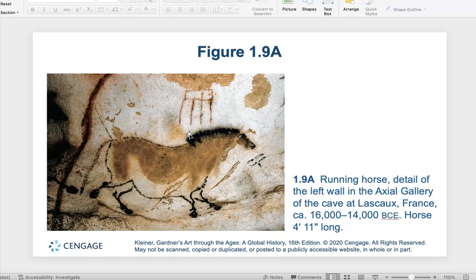So maybe the horse is the main event, and then the comb symbol, or fork or whatever, is meant to tell another story, or support the main story in some way.